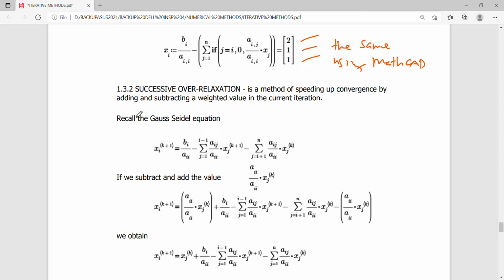So the SOR technique is a method which aims to speed up the convergence by adding and subtracting a weighted value in the current iteration.